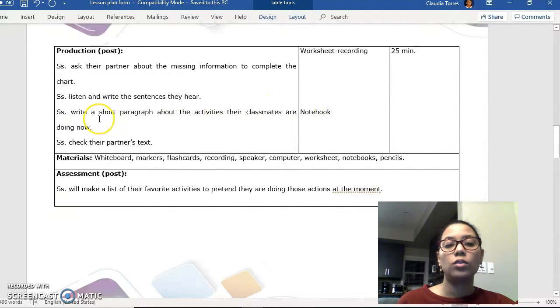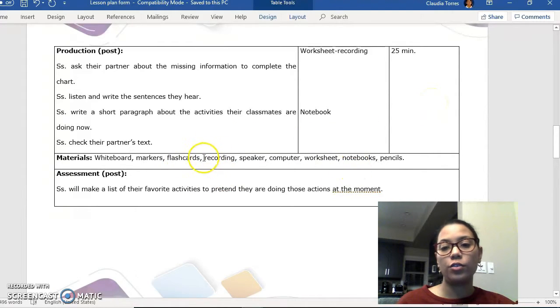So they had to write a short paragraph about activities that their classmates are doing now. So they had to use the present progressive structure, right? After that, they had to check their partner's text. And it took 25 minutes. It's supposed to take 25 minutes.